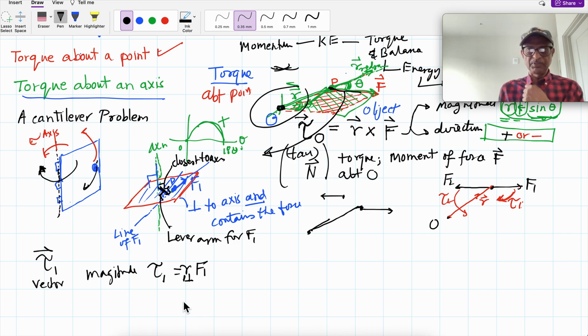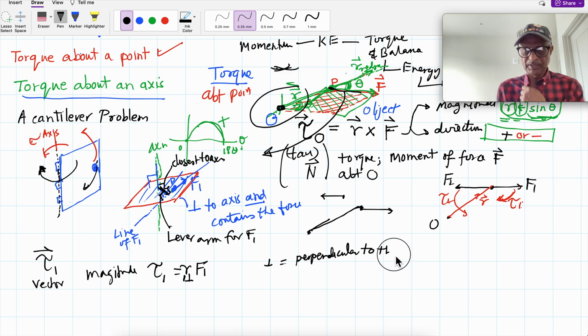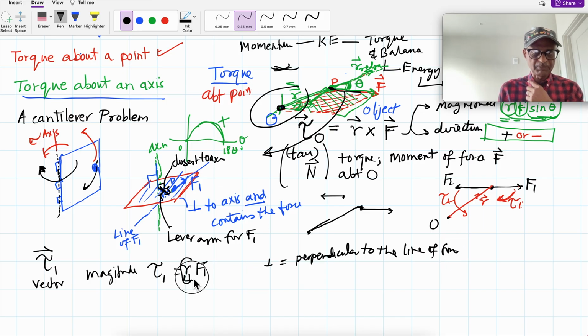We say this perp means perpendicular to the line of force. So this whole process defines how you find that for each force.